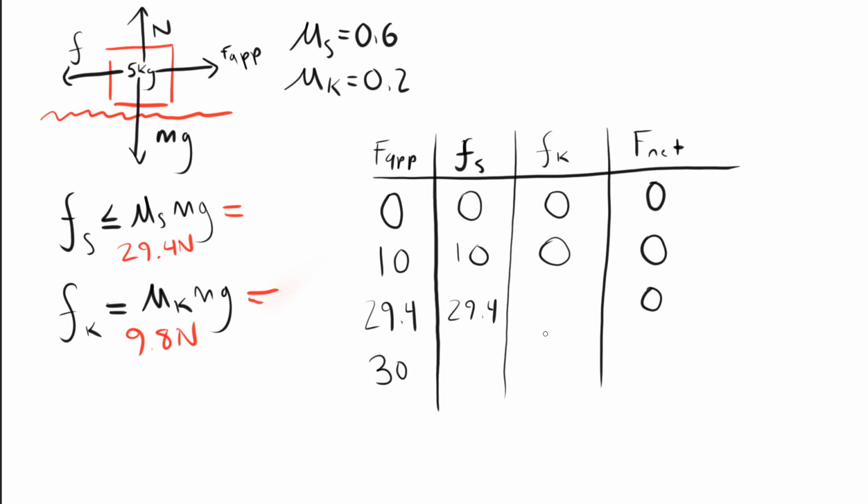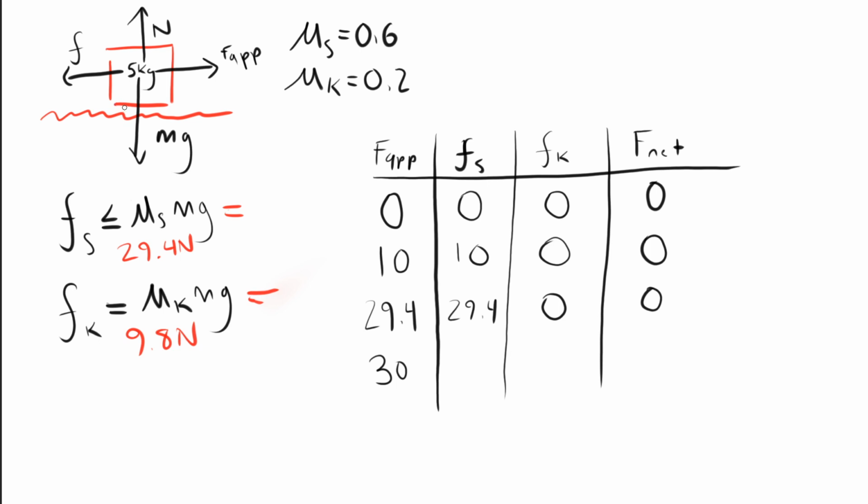Net force is 0, and there is no kinetic friction because the object is not yet moving. Well, what happens at 30? Clearly 30 is bigger than 29.94. So now we've surpassed the threshold at which static friction pushes against us with enough force to prevent us from moving.